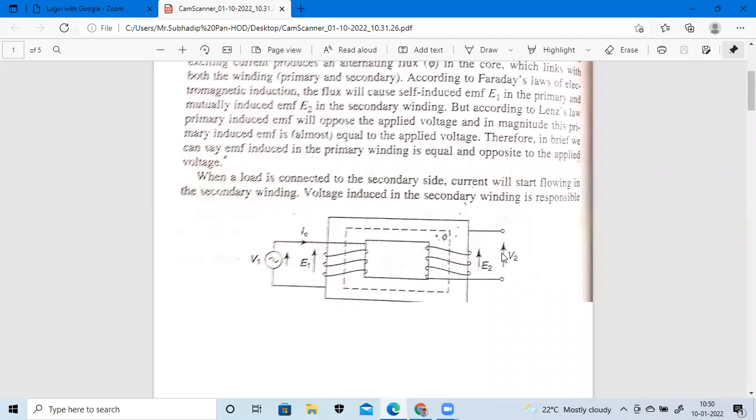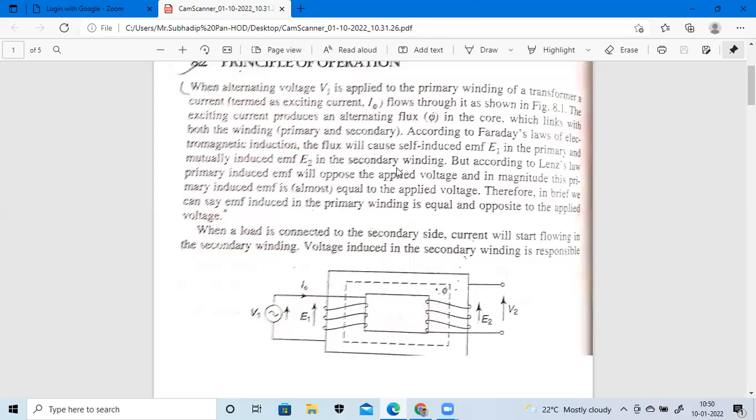So this is the operating principle. As you know, according to Faraday's law of electromagnetic induction, whenever you give an alternating supply to any coil, that means flux links that coil, so EMF will be induced. Based on that electromagnetic induction, is the operating principle of the single phase transformer. All the explanation is already mentioned here, that is, which quantity represents what.